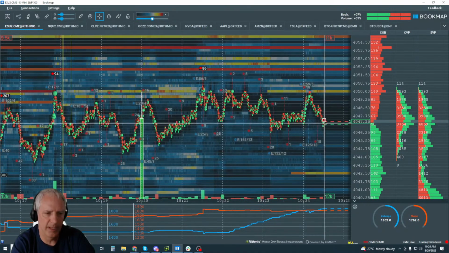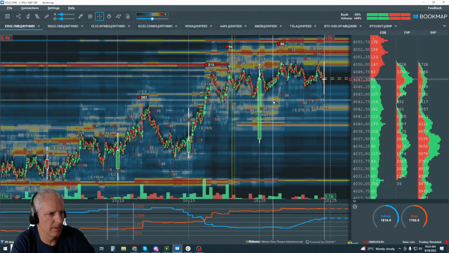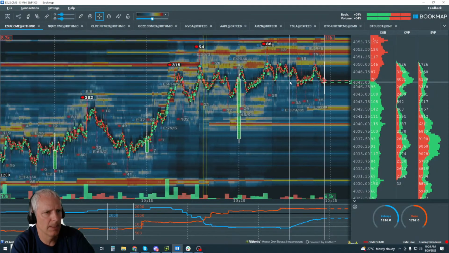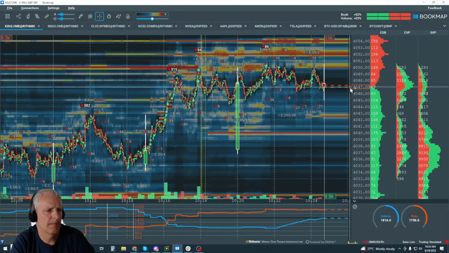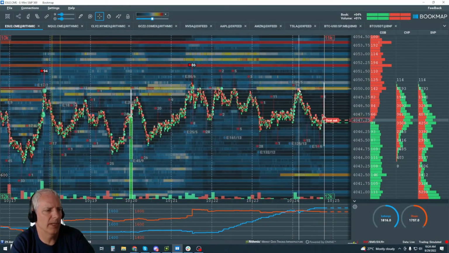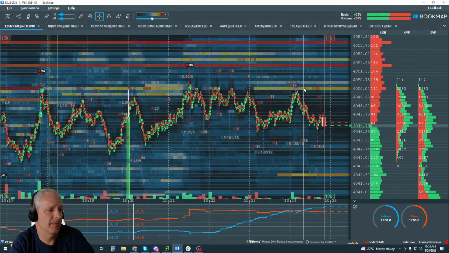If they don't, and we get our sellers in here, they're going to slam it right back down into some of these areas here where the buyers came in. Okay, this is not looking good up here, actually. We didn't get our big green dots up here, and we didn't get above 50 either.